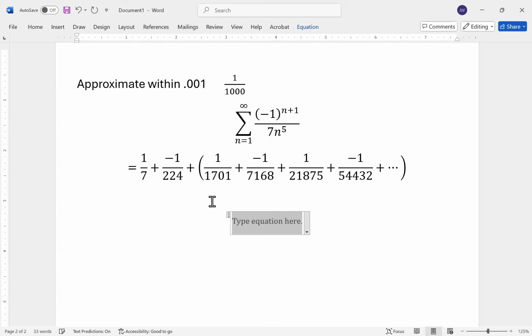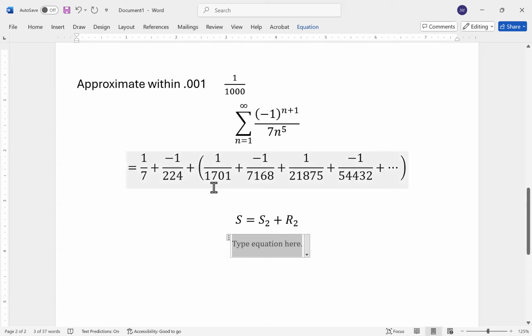Therefore, I think of this summation as being the sum of my first two terms plus the remainder of the summation after the first two terms. And from what I can see here, that remainder is going to be positive because this first term is positive. So it's going to be greater than 0, and it's going to be under 1 over 1,701.